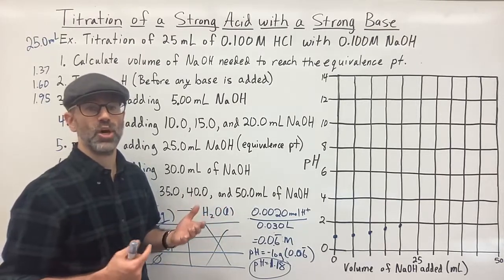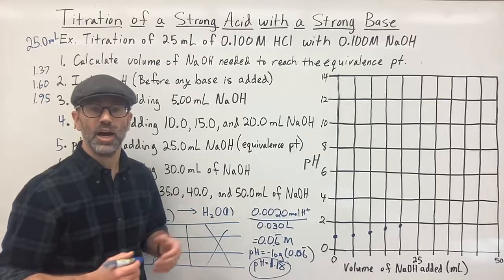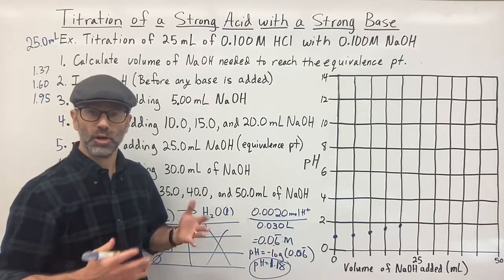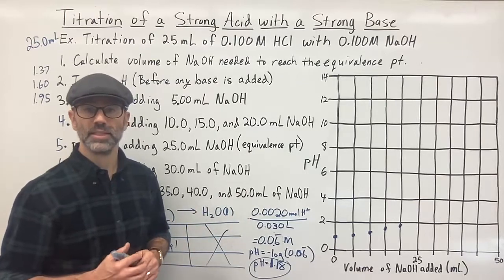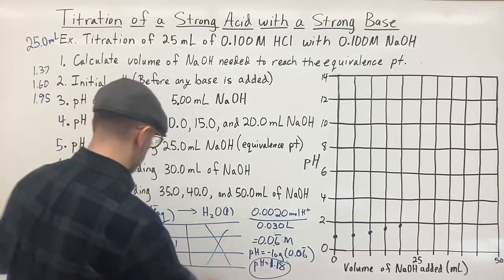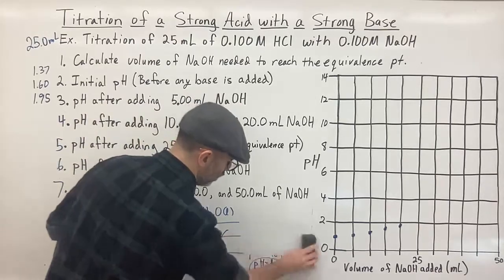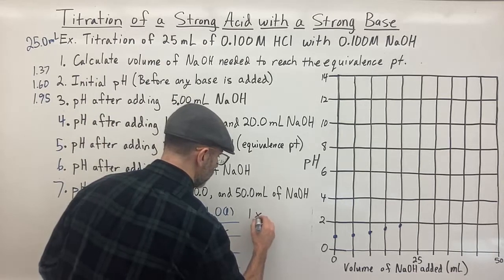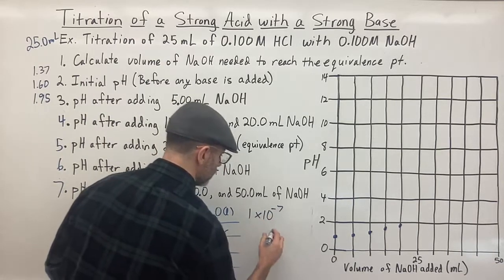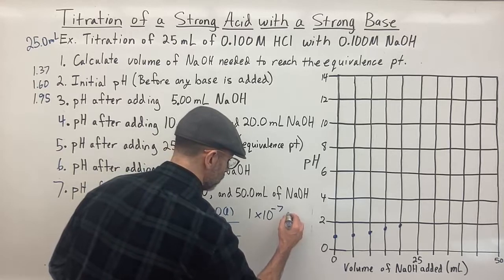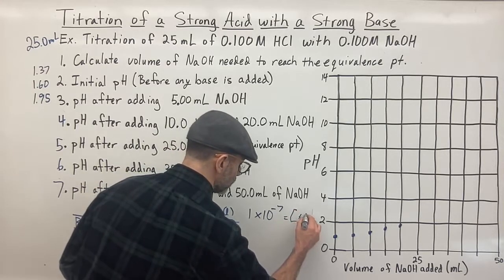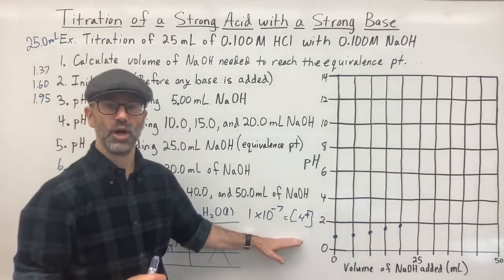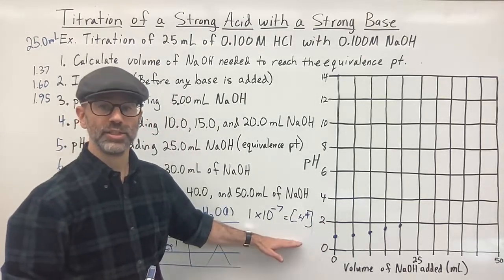Since we know that the concentration of H plus at 25 degrees for water is 1 times 10 to the negative 7, for water it's going to be 1.0 times 10 to the negative 7 for the H plus concentration. And so if you take the negative log of that, then you get a pH of 7.